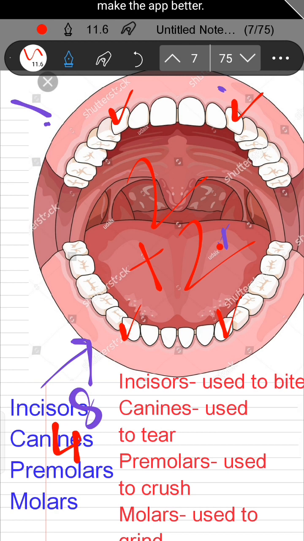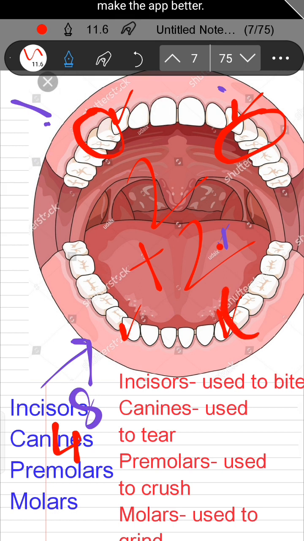Now we will learn about premolars. Premolars sit exactly beside the canines, adjacent to the canines. After the canines, the 2 teeth are called premolars. So these 2 and these 2 beside the canines are called premolars.